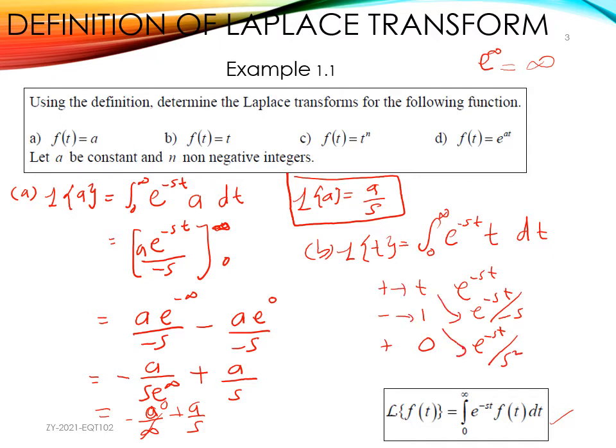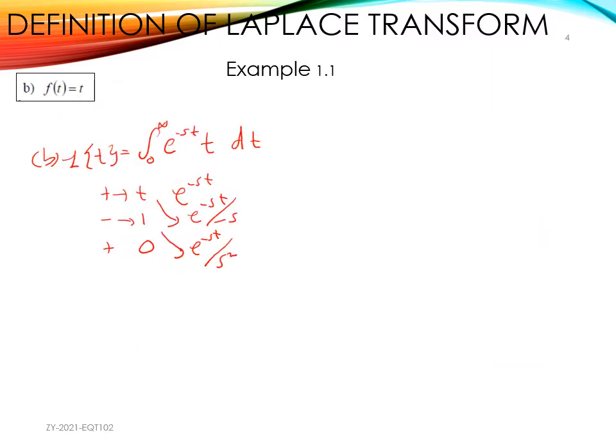The result of the integration is negative t e to the negative st divided by s, minus e to the negative st divided by s squared.